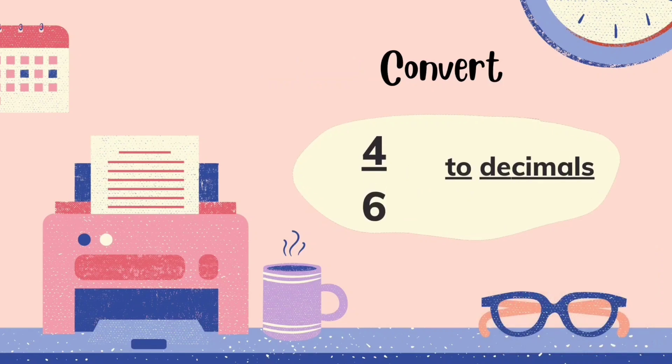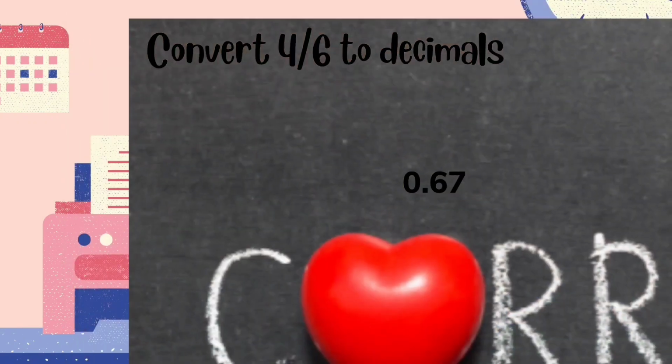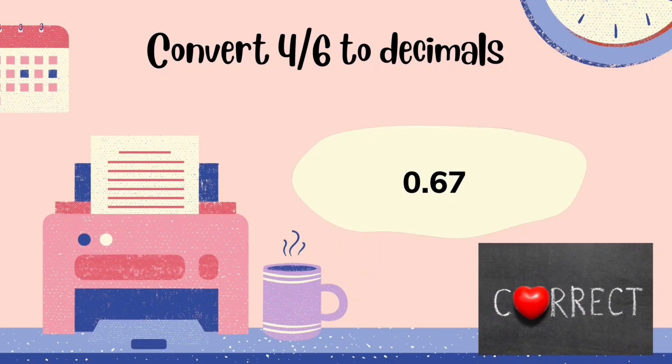Convert 4 over 6 to decimals. 10 seconds. Okay, if your answer is 0.67, you are correct.